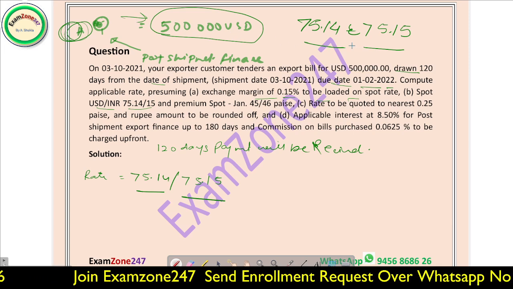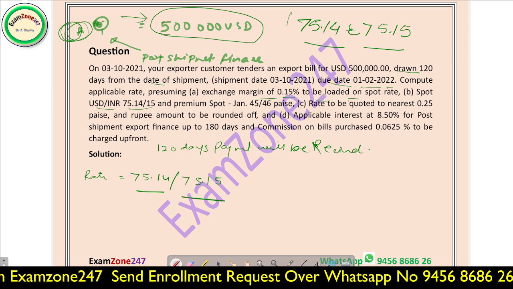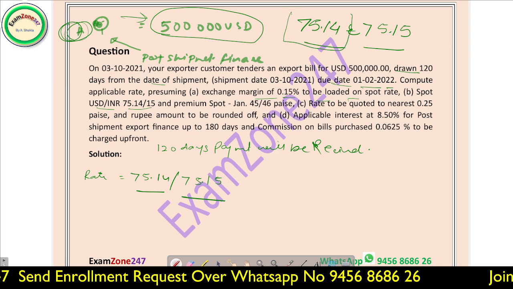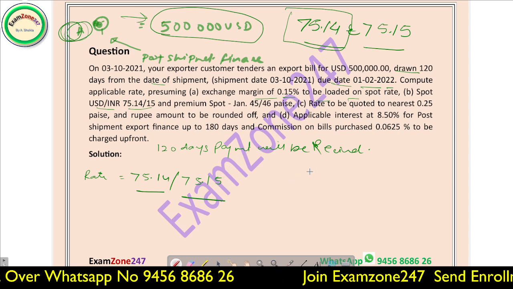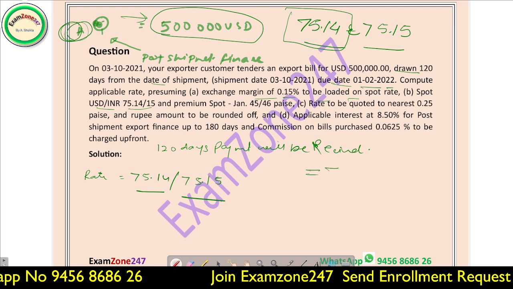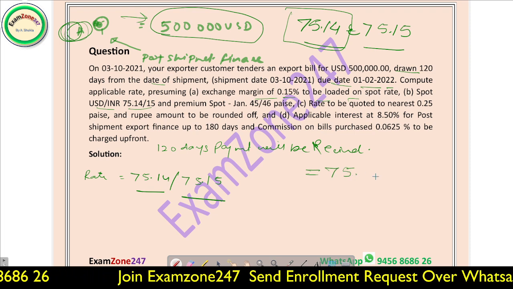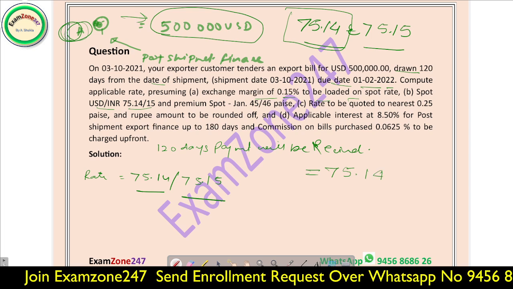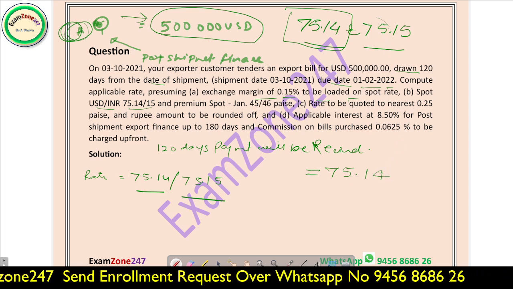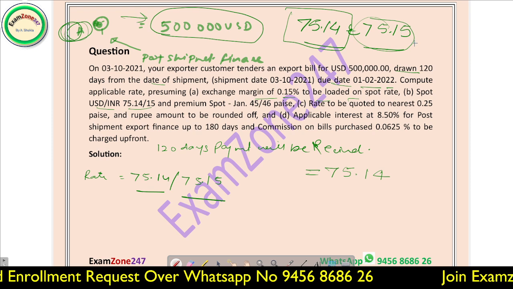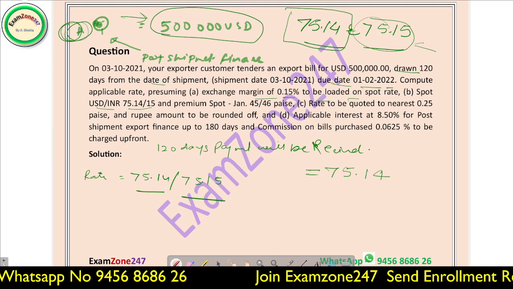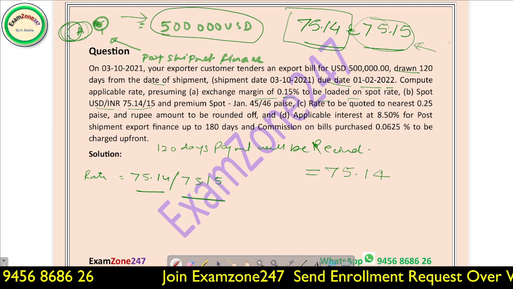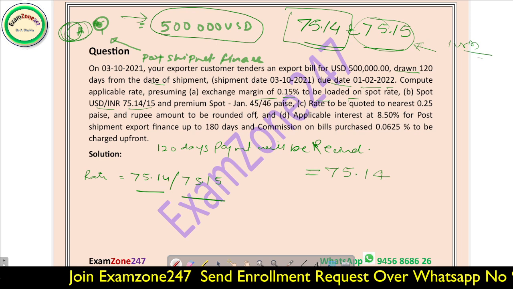If you come to the bank, the bank will give you 75.14 rupees only. Further, the meaning of 75.15 is if you need US dollar, the bank will charge 75.15 to give you $1. This is the meaning of this.